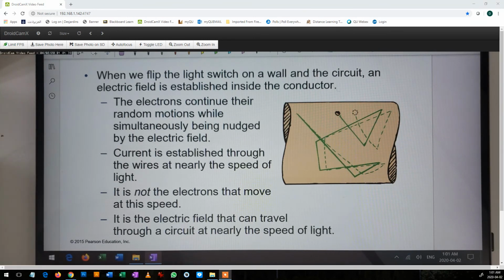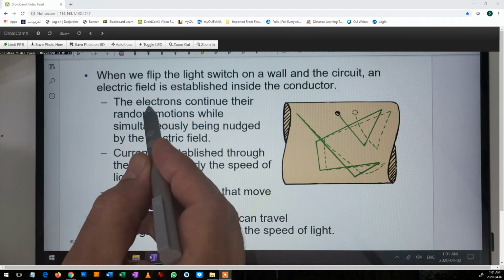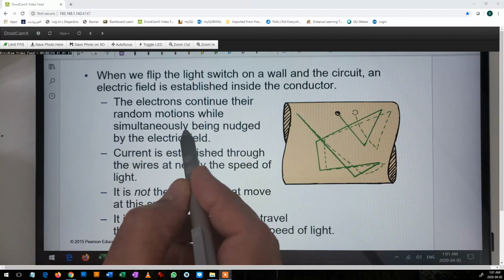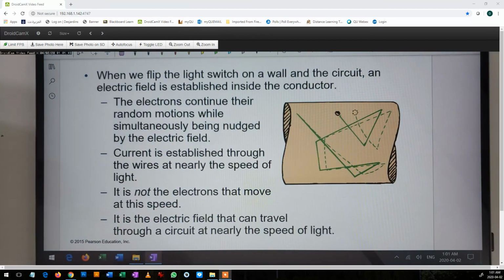When the electrical field goes through the wires, the electrons continue their random motion while simultaneously being nudged. The same random motion of electrons in the wire, in the material, will stay the same, but it will be pushed a little by the electrical field.